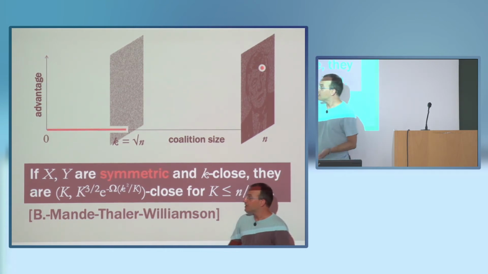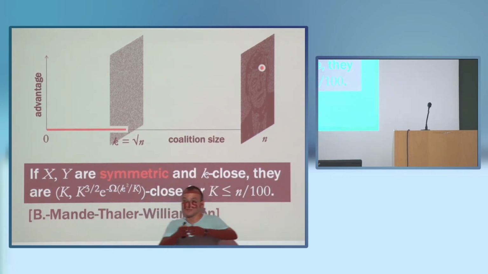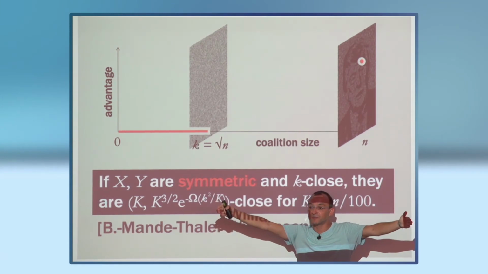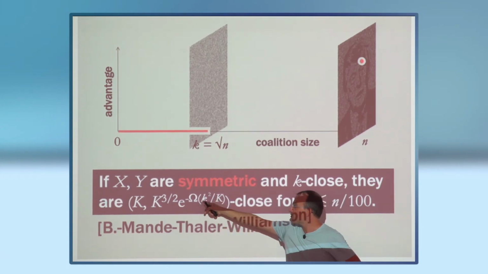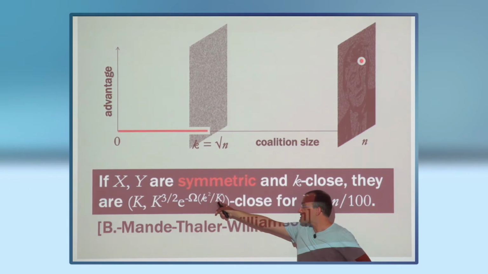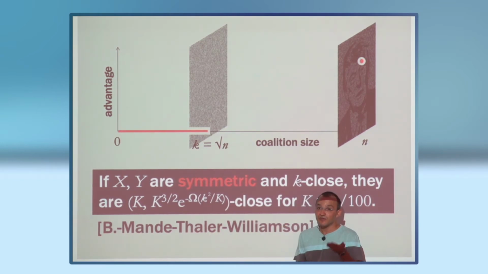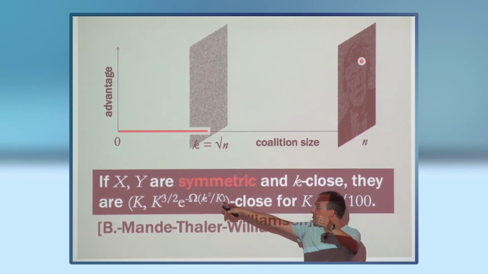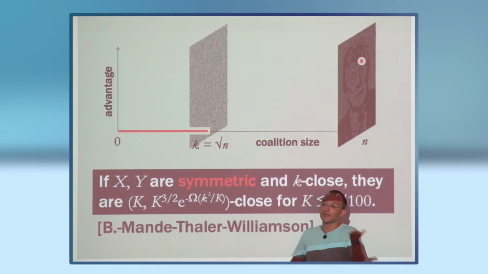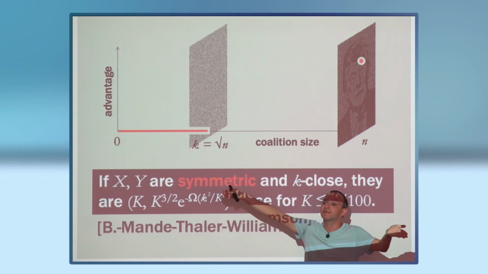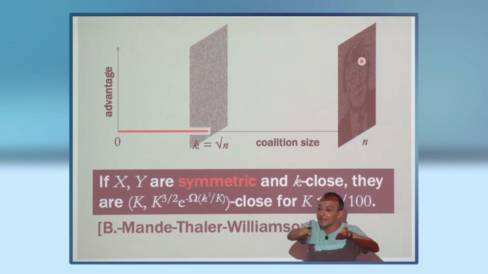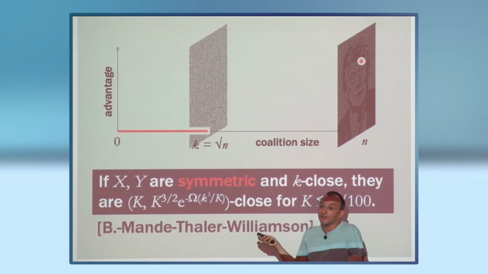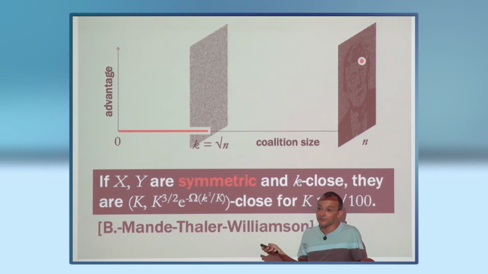Roughly, if I have big K bits instead of little k bits, so I give a distinguisher a much bigger window, then the advantage goes exponentially in little k squared over big K. In particular, in visual secret sharing, little k is square root of n, so it goes down as exponential in n over big K. So the more parties I get, until K gets to about n, then I can reconstruct. In the middle, I get this kind of exponential advantage, for the same two distributions. I didn't change the distributions at all.